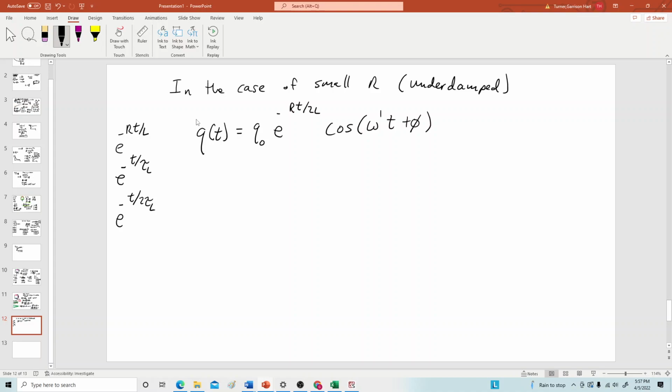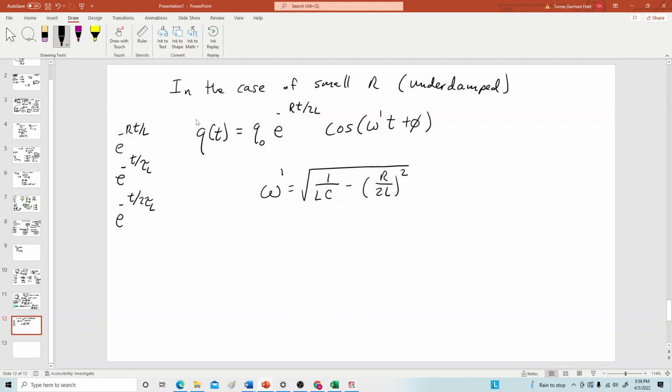The omega here, the angular frequency that this oscillates at, is going to be equal to the square root of 1 over LC minus R over 2L, quantity squared. So the presence of the resistor does indeed act to change the frequency of the LC circuit by itself.